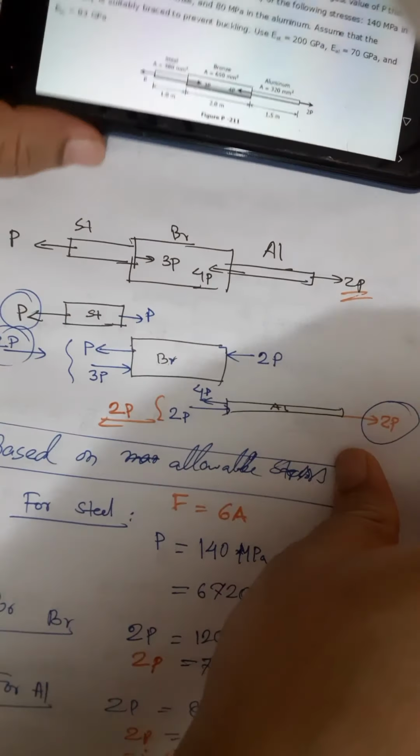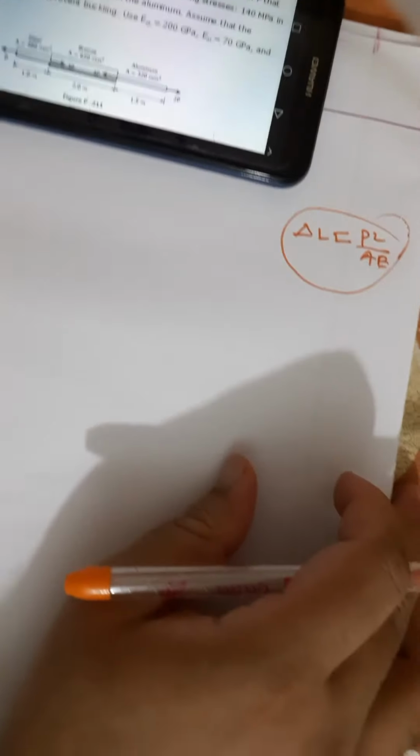So if we remember, we know del L equals PL by AE. Del L equals PL by AE. With the help of this equation we will find it.